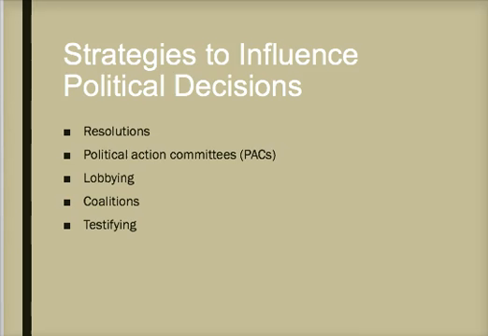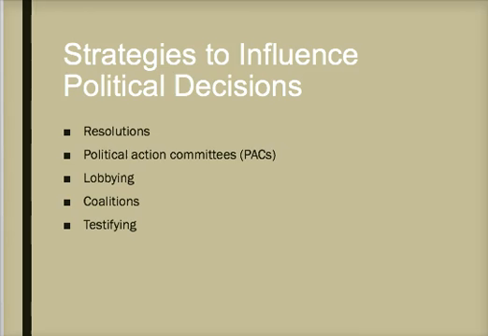Lobbying techniques include negotiation, media, letter writing campaigns, testifying, endorsements, or donations. There are also coalitions. This is another strategy to influence political decisions. Coalitions are alliances that distinct bodies, persons, or states form to achieve a common purpose.